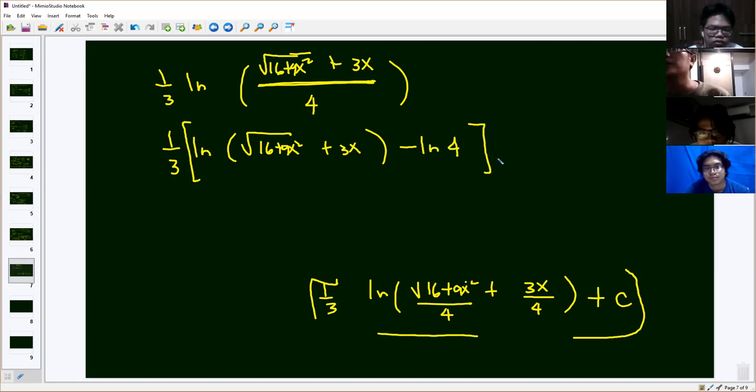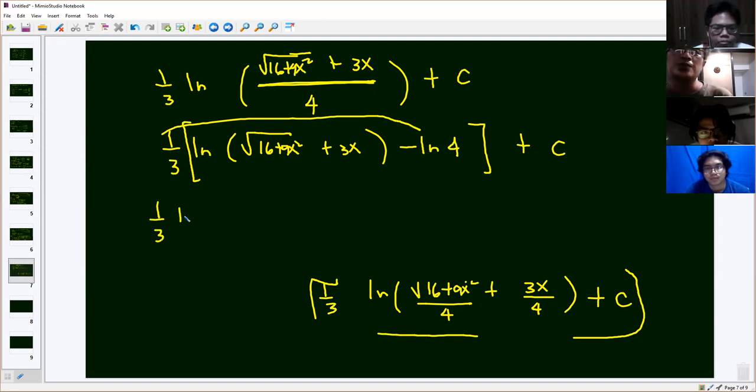The property. Then if you want to put plus c there, when you multiply 1/3 to this, that is still a constant. So ganito lang siya, 1/3 of ln of square root of 16 plus 9x squared plus 3x outside. And then plus another constant.